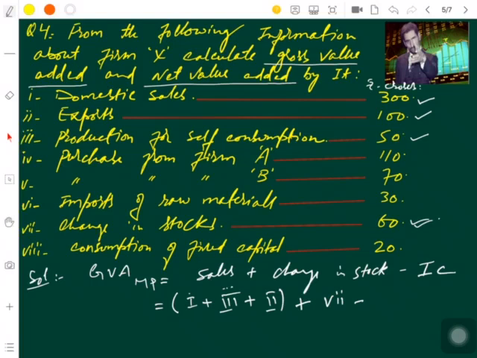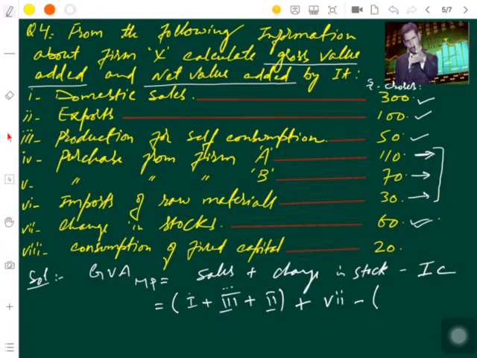minus intermediate consumption. Intermediate consumption is something which has been bifurcated into purchases from firm A, purchases from firm B, and imports of raw materials. Imports means purchase. Imports of raw materials, that is 3. These 3 have been given separately, so we will club them.